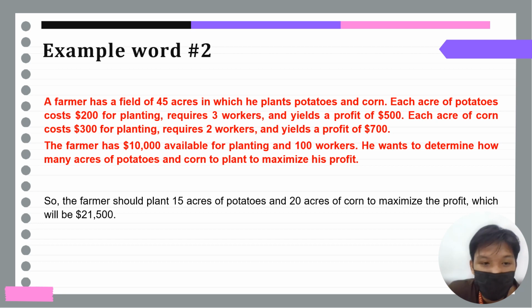The farmer has $10,000 available for planting and 100 workers. He wants to determine how many acres of potatoes and corn to plant to maximize his profit. So the farmer should plant 15 acres of potatoes and 20 acres of corn to maximize the profit, which will be $21,500.